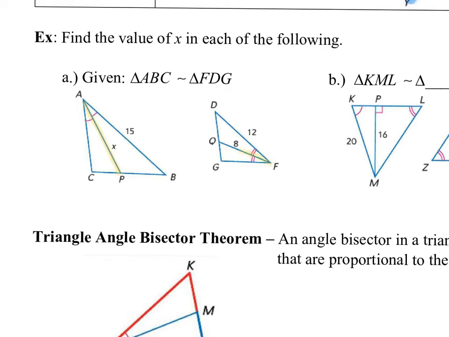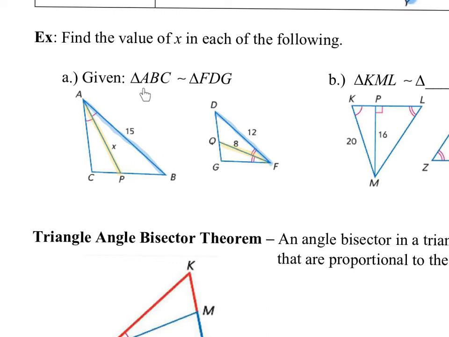Now, the ratio of those angle bisectors would be equal to the ratio of any two corresponding sides. So I'm predicting that side AB is going to correspond to side DF, since those are the sides that we had measures for. But let's just double check. Let's look at our similarity statement.